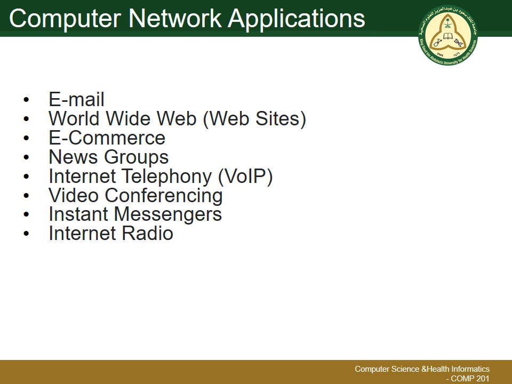I can do newsgroups, internet telephony using voice over IP applications to make phone calls, do video conferencing, send and receive instant messages, and internet radio. Those are the main applications. Definitely there are more applications, but those are the very common ones that you might see.